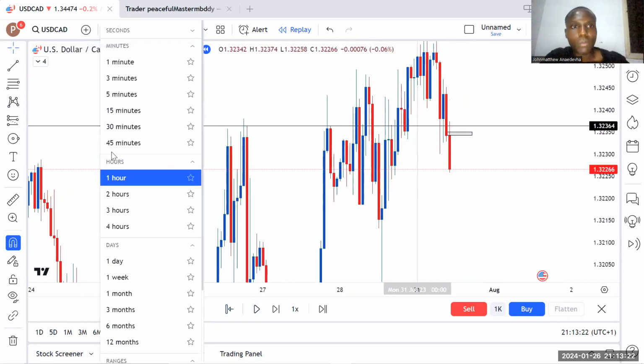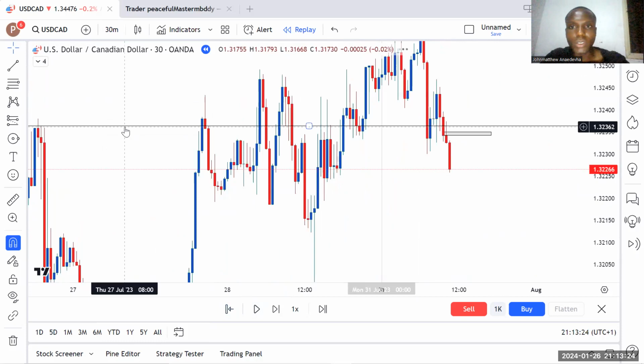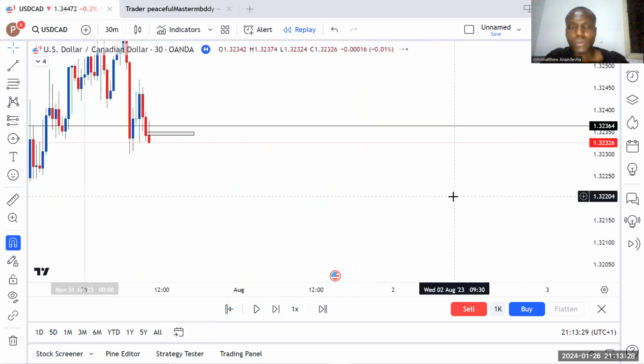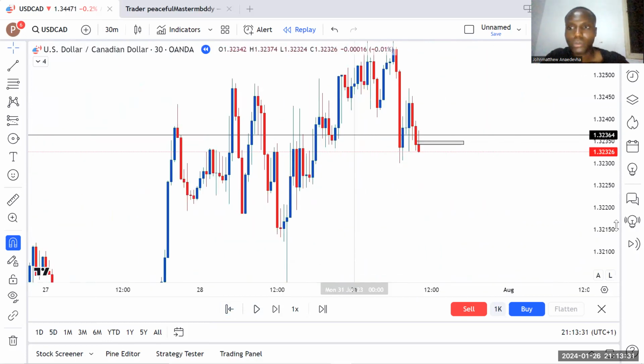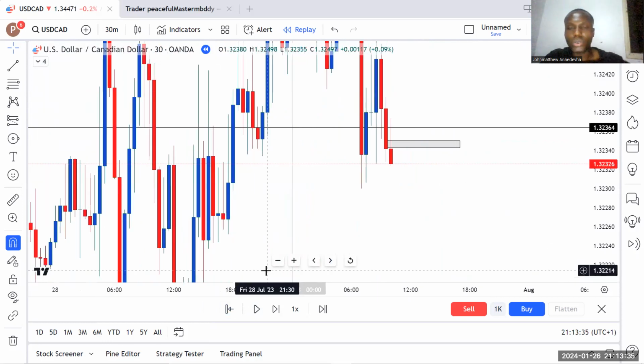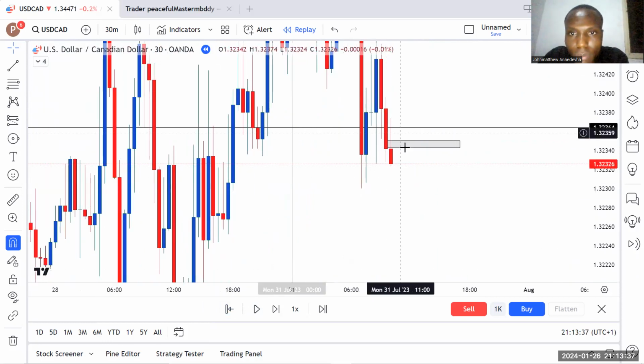This is the 1 hour. Move to the 30 minutes. So this 30 minutes candle, this spin bar is what gives us a valid entry to the trade.